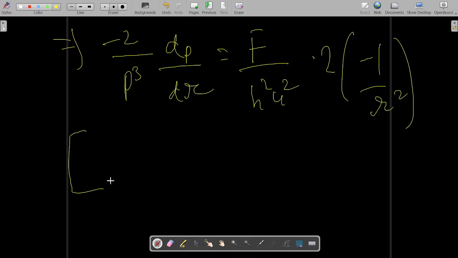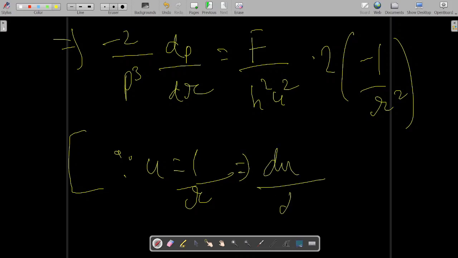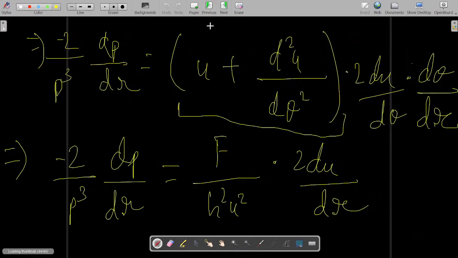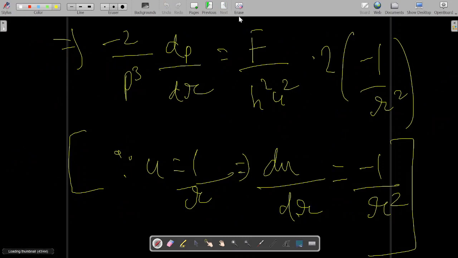So write the explanation over here: u equals 1 by r, that implies du by dr will be equal to minus 1 by r square. So you substituted that thing, instead of du by dr over here we substituted this whole thing.